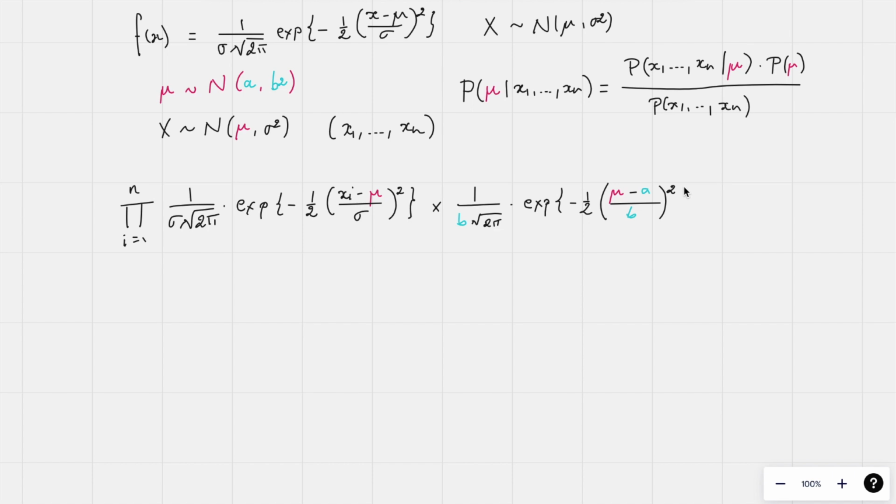And this is it. So we have a product of exponentials, and this is the numerator of that particular expression.